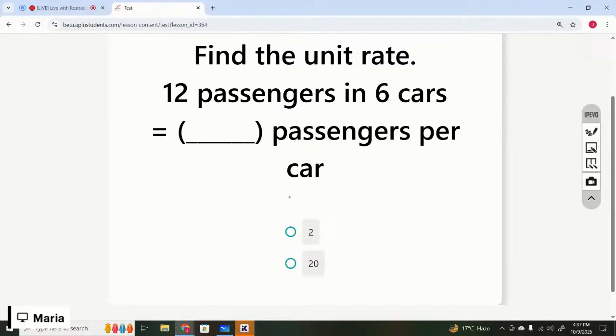How many passengers per car? That is 2 passengers per car.